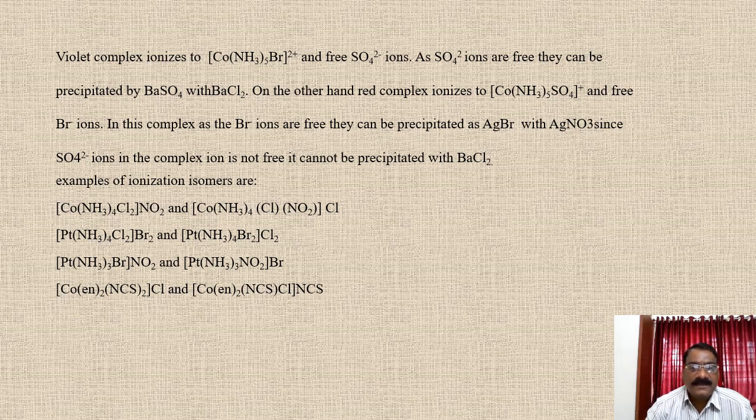Examples of ionization isomerism are: [Co(NH3)4Cl2]NO2 and [Co(NH3)4ClNO2]Cl. Second, [Pt(NH3)4Cl2]Br2 and [Pt(NH3)4Br2]Cl2. Third, [Pt(NH3)3Br]NO2 and [Pt(NH3)3NO2]Br. Fourth, [Co(en)2(NCS)2]Cl and [Co(en)2(NCS)Cl]NCl.